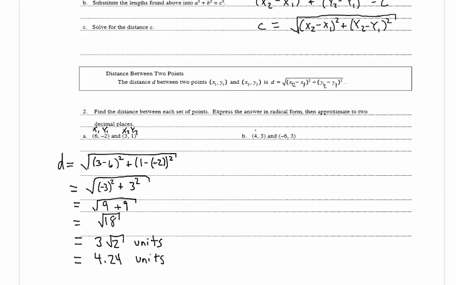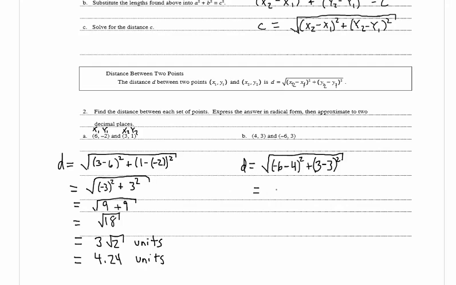In B, we have the points (4, 3) and (negative 6, 3), so distance is equal to the square root of (x2, which is negative 6, minus x1, which is 4) squared, plus (y2, which is 3, minus y1, which is also 3) squared.